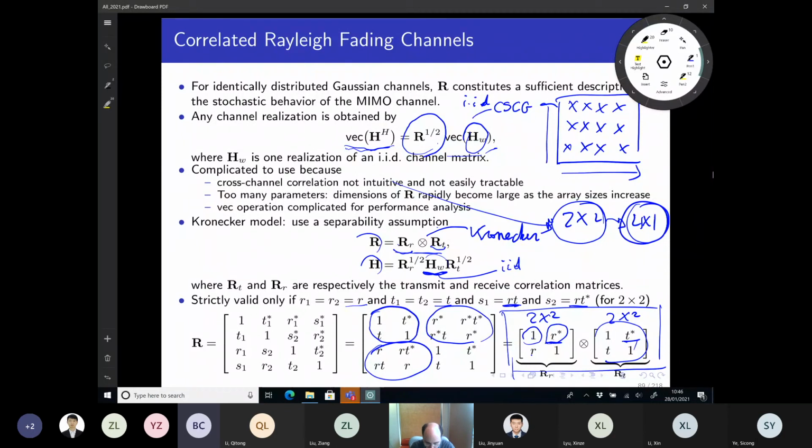With a correlation matrix R given by the Kronecker product, your H matrix can be written as the IID matrix multiplied on the right side by the square root of RT, and on the left side by the square root of the correlation matrix RR.